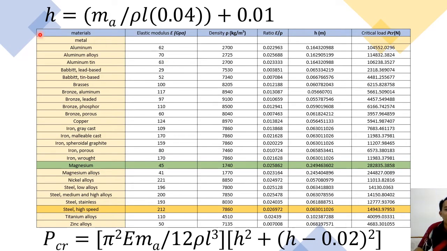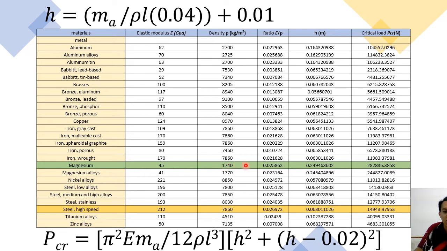After I keyed the equations for h and Pcr into the Excel table, I found that there is one more metal, high-speed steel, with the highest ratio E over rho of 0.026972, but the critical load for this high-speed steel is much lower than the magnesium.